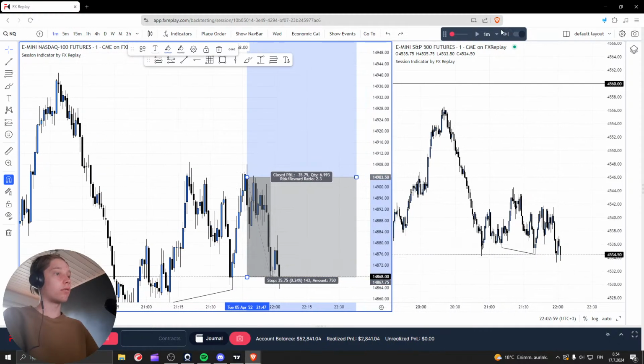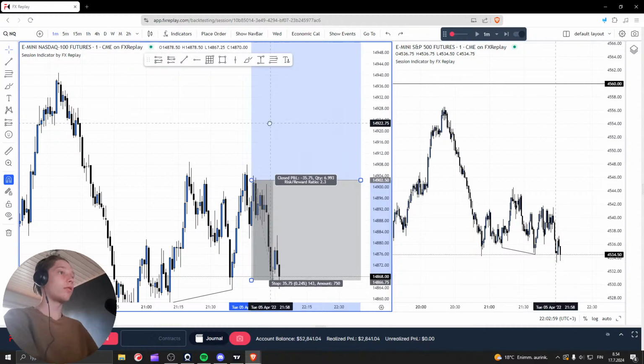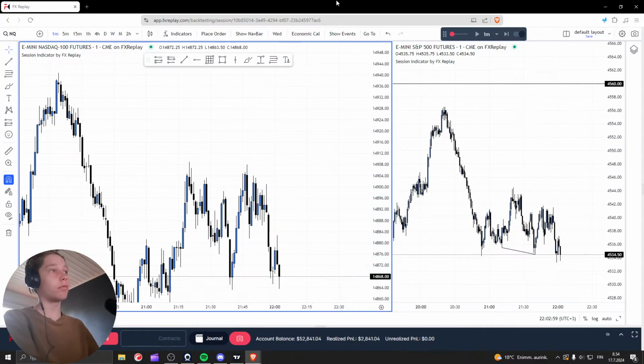So yeah, this doesn't look very good there. I don't know about PM session. Maybe I shouldn't trade PM session. Let's just move to New York.